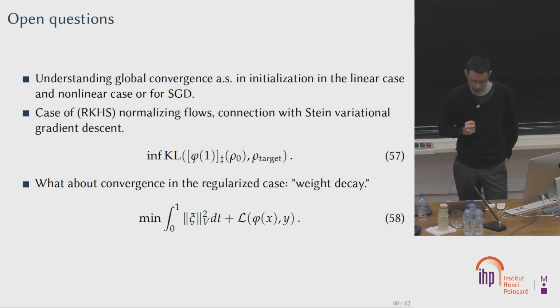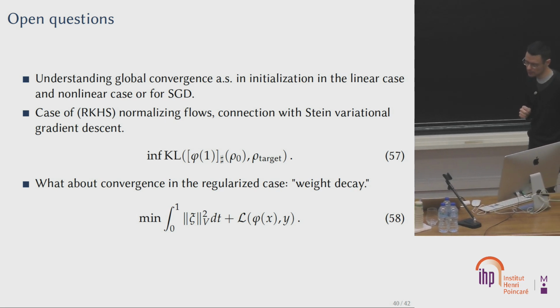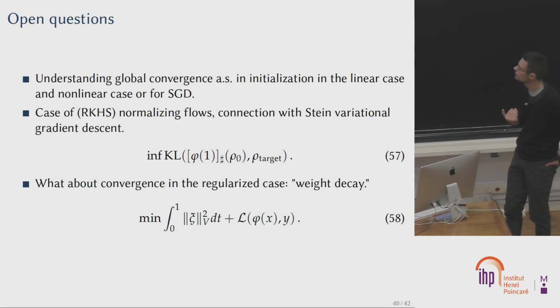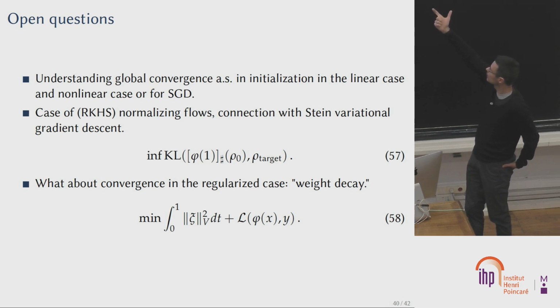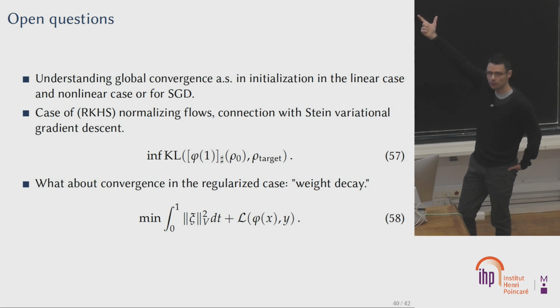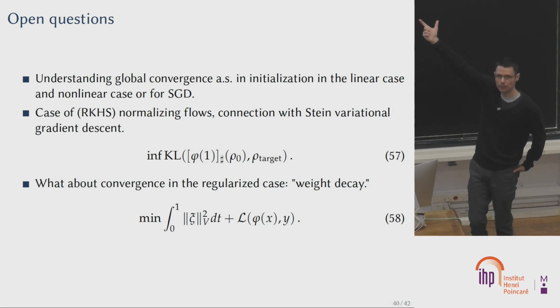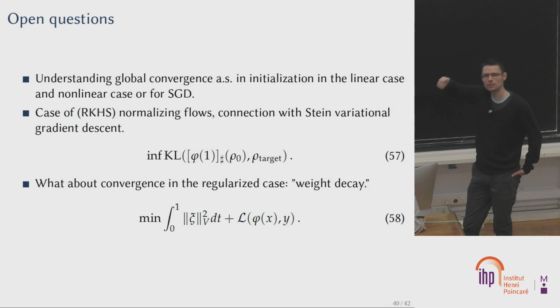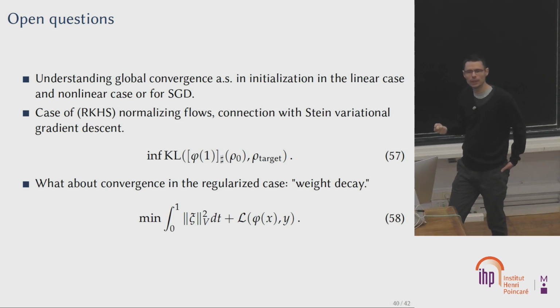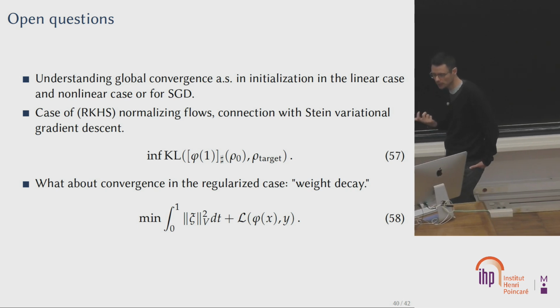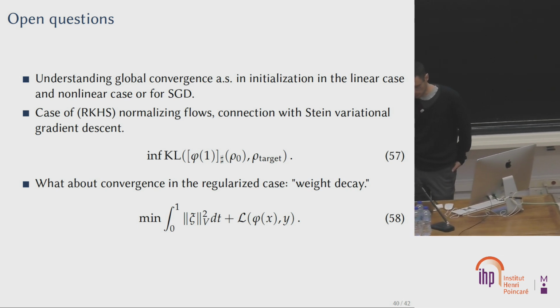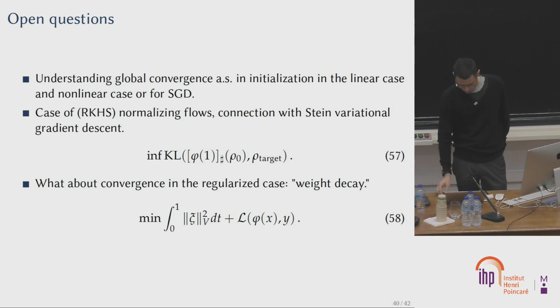And also there is the case of normalizing flows. It's connected to our setup here. If we do gradient descent in the case of normalizing flows, by linearization of the problem we get back to the Stein variational gradient descent, for which very few results are known analytically in terms of convergence. So I would be interested in this as well.